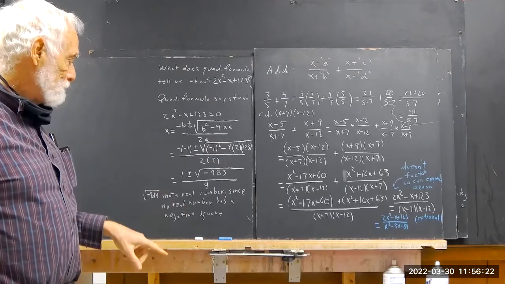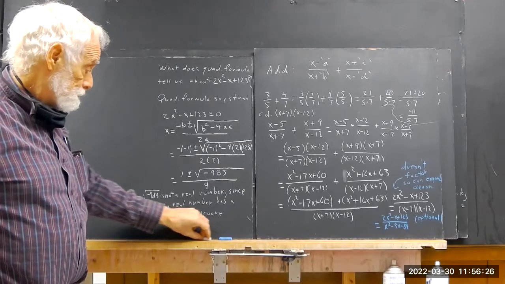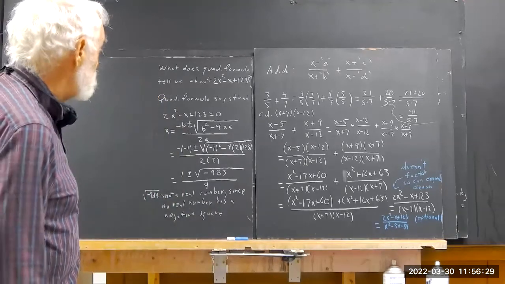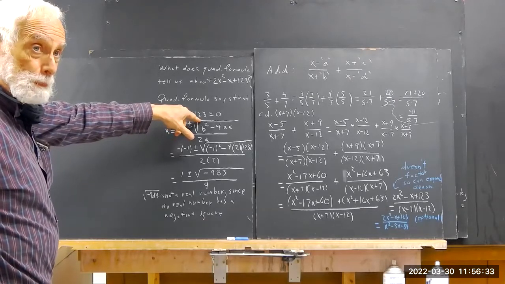This is not a real number, since no real number has a negative square, right? So this thing is never 0.